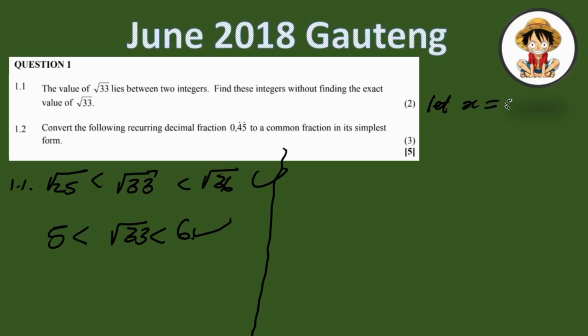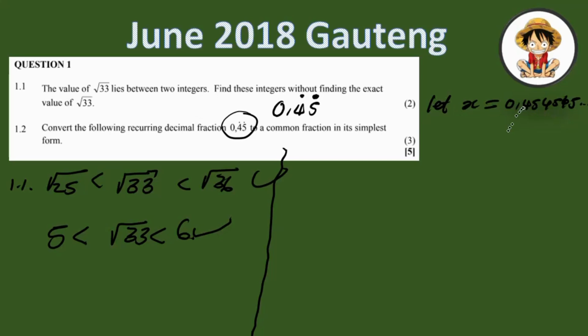The number is 0.45, 45, 45, carrying on. Remember, this is a recurring decimal because it's 0.45 with 2 dots on 4 and 5, which means it continues as 0.454545. So I'm letting my x be that, right?